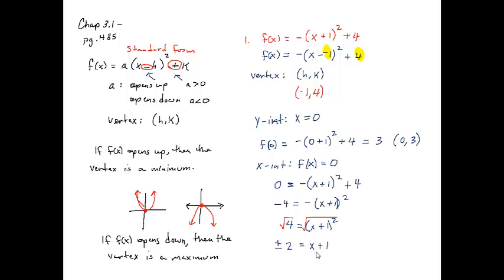Then you got to get x by itself, right? So you have two choices here. You have negative 2 equals x plus 1, and you also have 2 equals x plus 1. Two equations separately. You solve them and you have x equals 1 as well as negative 3. So your x-intercepts are (1, 0) and (-3, 0).